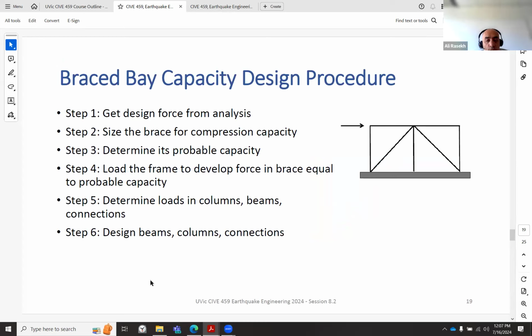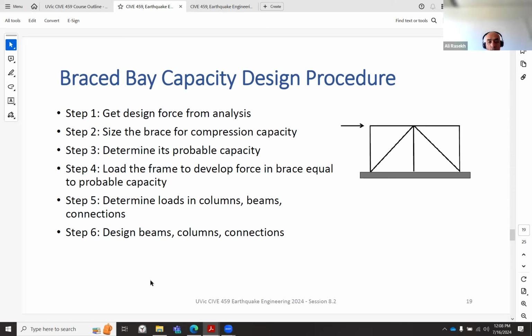So how do we go through the capacity design procedure for this member? Step number one, it's almost reiterating what we previously said, but more focused on this type of seismic force resisting system. First, apply the earthquake load and complete analysis of the structure, hand calculation or computer model.